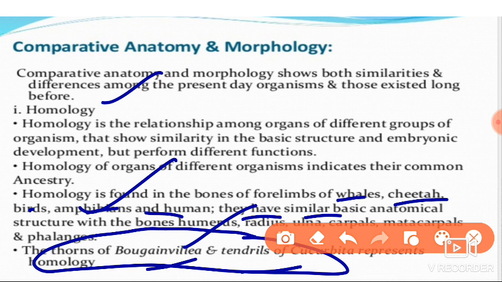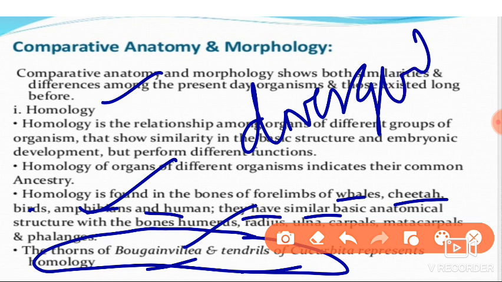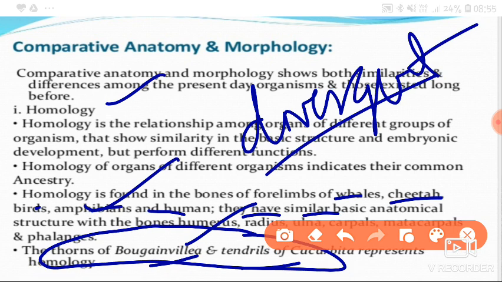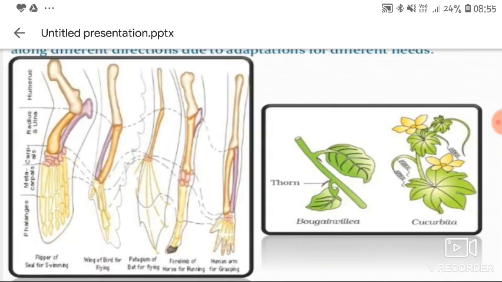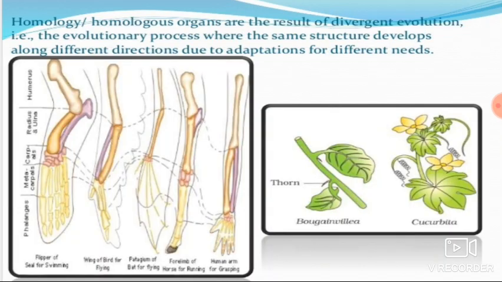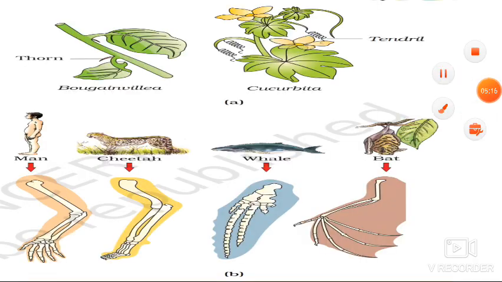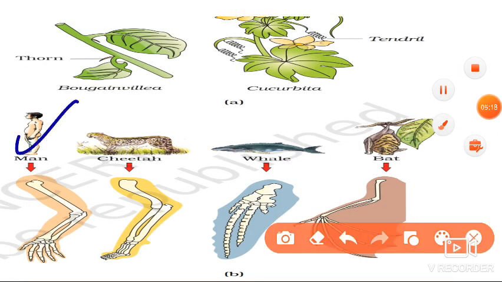Please remember the definition. And homologous organs are examples for divergent evolution. Please remember that. Here is the diagrammatic representation.